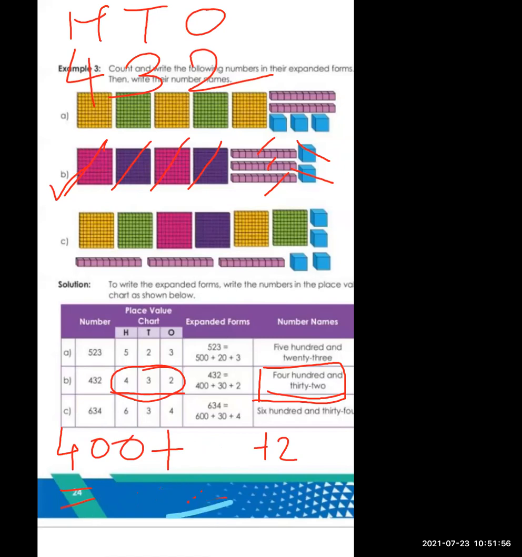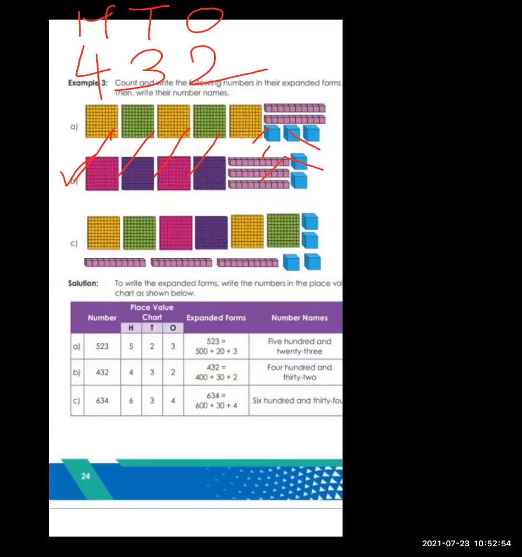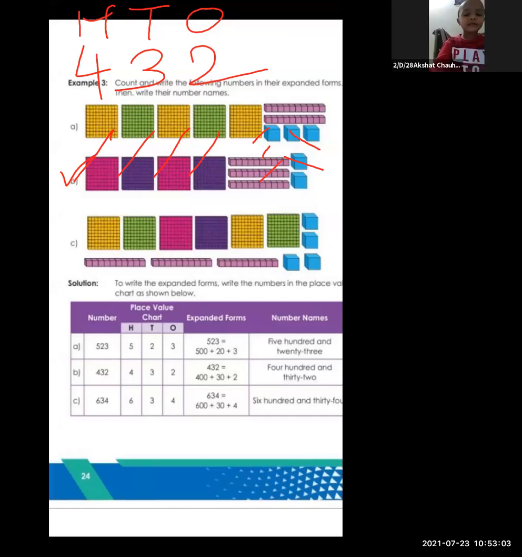Okay. Now how to write the face value of this number? इसका face value कैसे लिखेंगे? How can we write the face value? हमें नंबर मिला है. कौन सा नंबर मिला है? What number we get over here? क्या है number? 432.